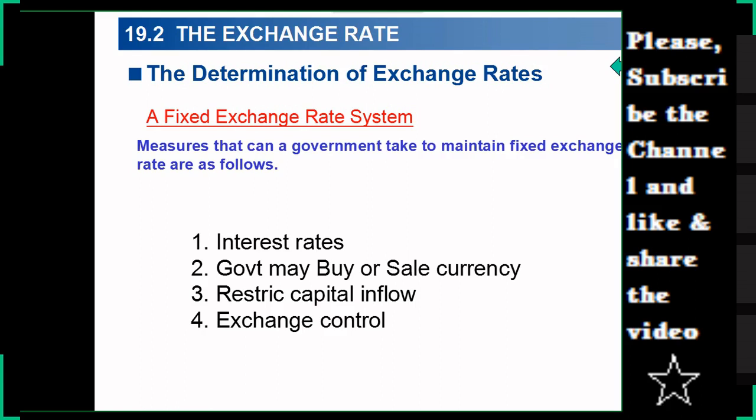Then the foreign currency will be stronger and the local currency will be weaker. In a way, the local currency will depreciate. Now, probably that government would not like that to happen. And why is that? Because government has already fixed the exchange rate and they don't want that exchange rate either to go up or to go lower.